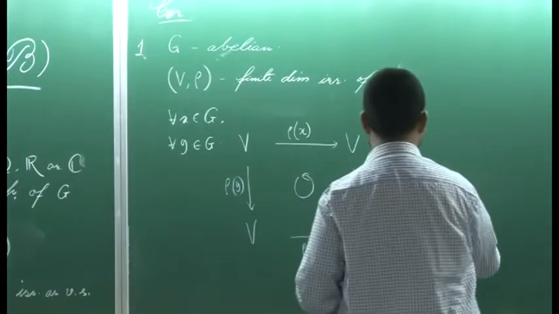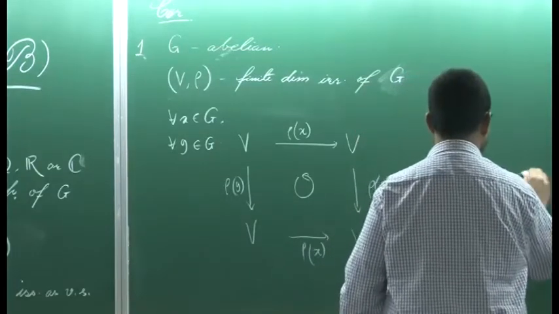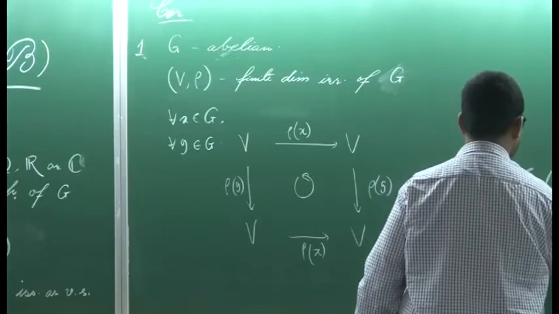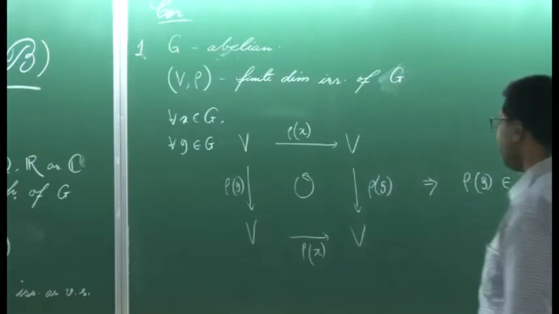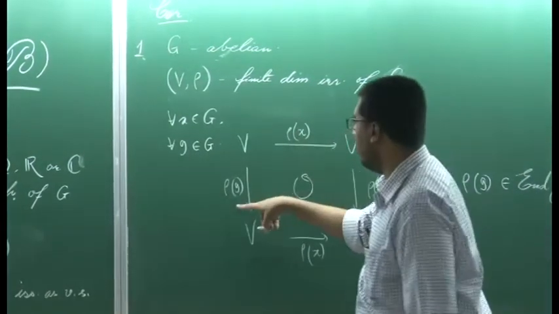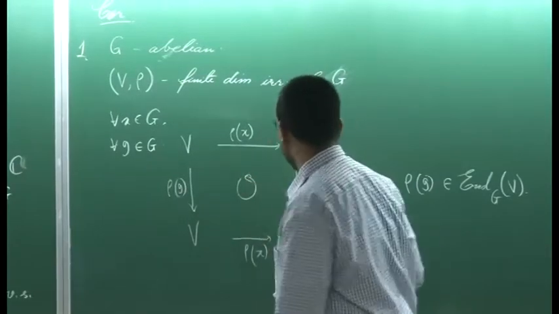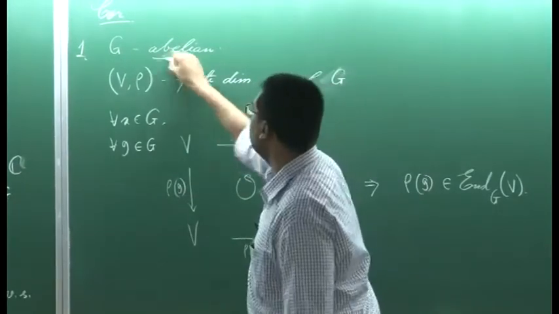Therefore, we see that this rho g belongs to End_G(V), because rho g is of course a linear map that commutes with everything, so it becomes G-invariant since the group is abelian.